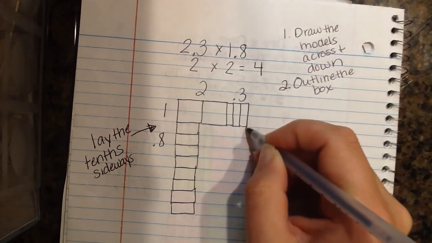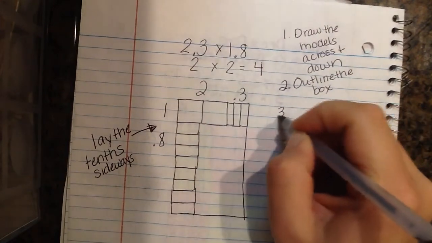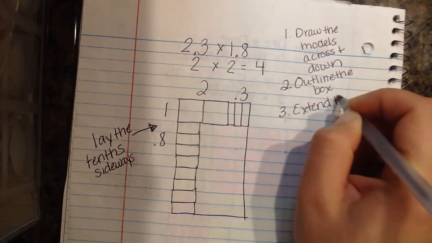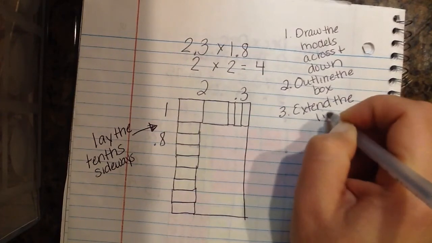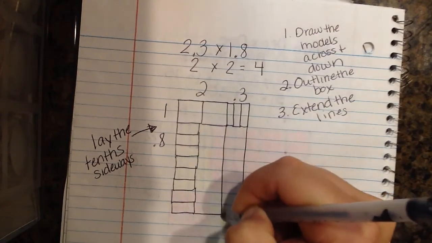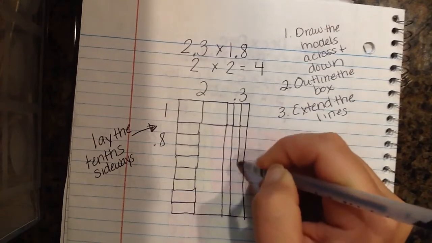So I have to make my boundaries. Now I'm going to extend the lines. I always like to go down, do all my vertical or down lines first.